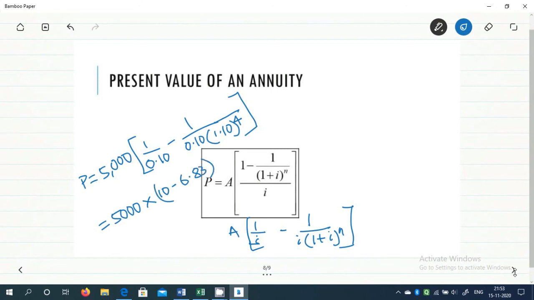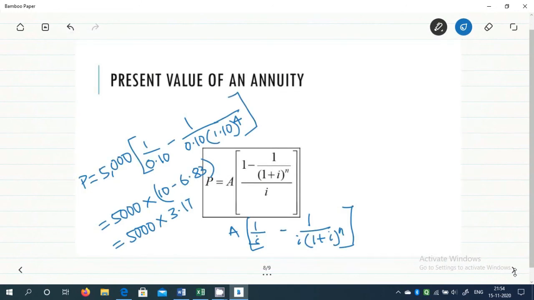So this comes as 5000 multiplied with 3.17, that is 15,850 rupees.